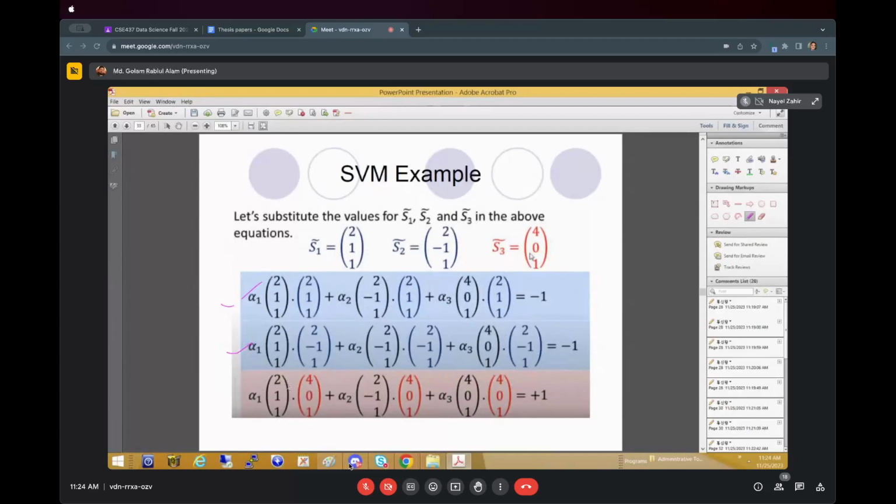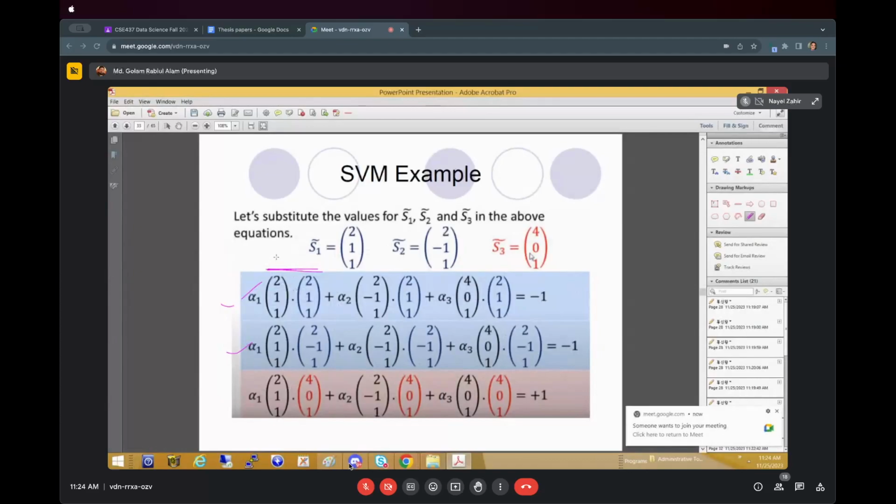And now what we have to do, you can see these are the two vectors. We have to multiply these two vectors. Okay. So here is the dot product. We can see 2 times 2 is 4, then 1 times 1 plus 1 times 1.